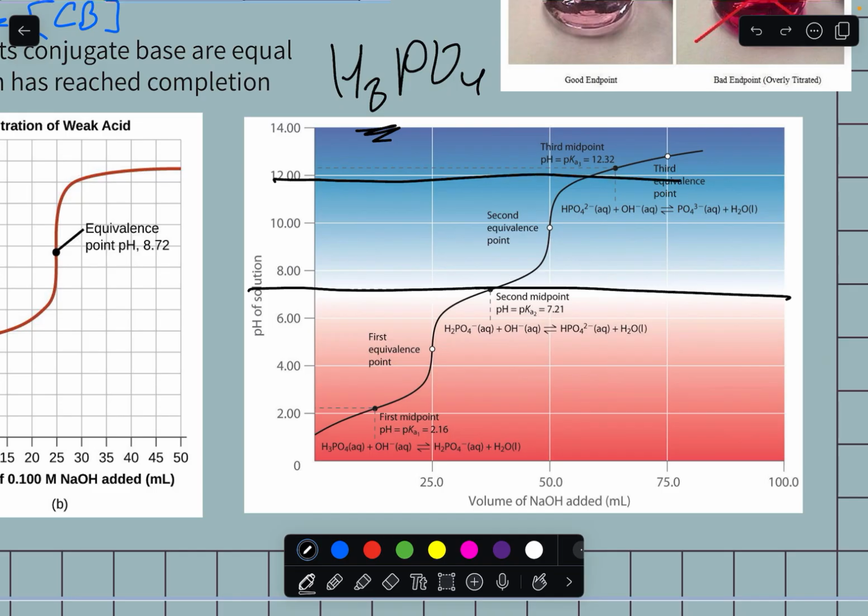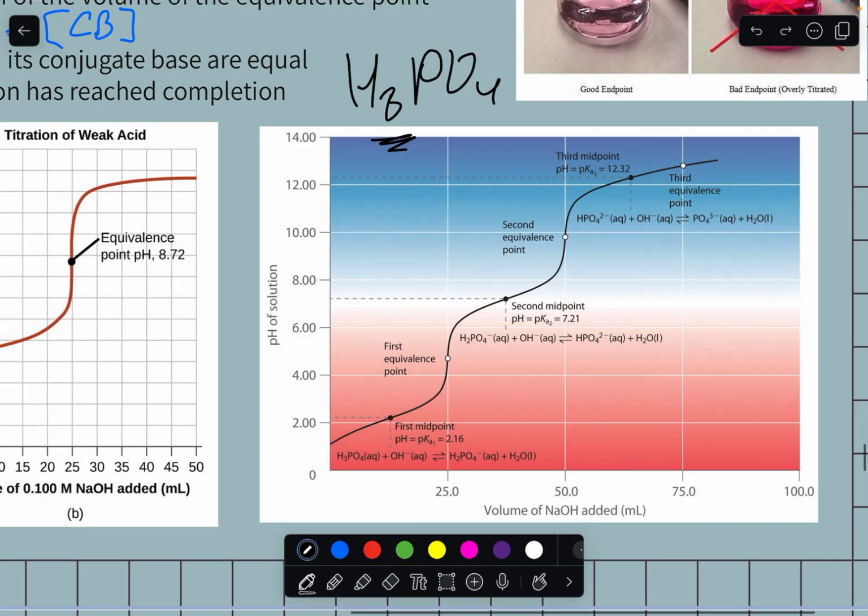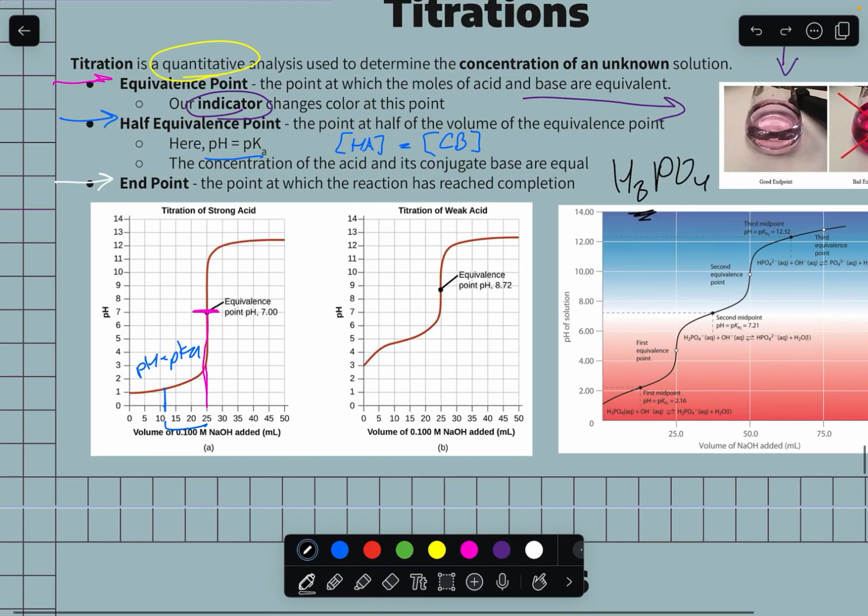Okay, so the parts of the graphs, there's 3 sections. Those are for the 3 different hydrogens. They have different titration values. Okay, so if you have a polyprotic compound, you'll have more than one curve in your graph. If it's monoprotic, it's just a simple single curve, like an S.